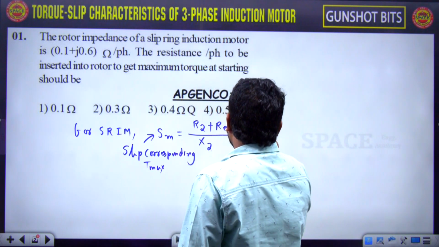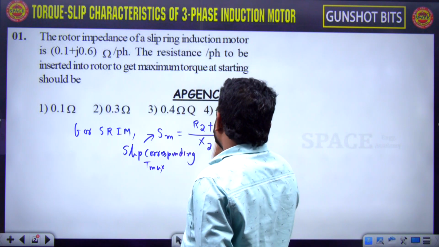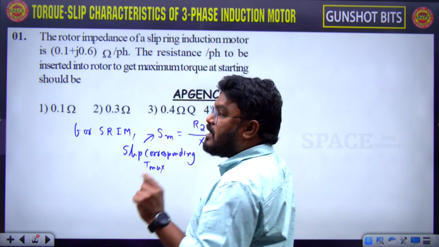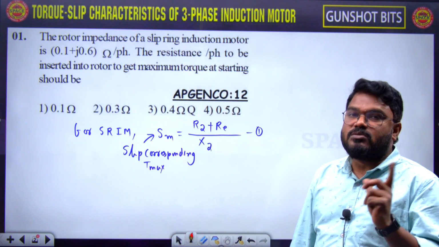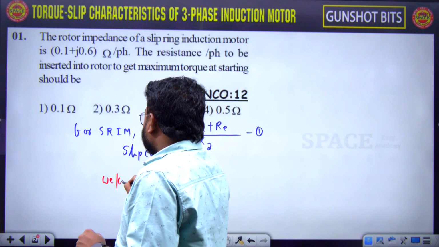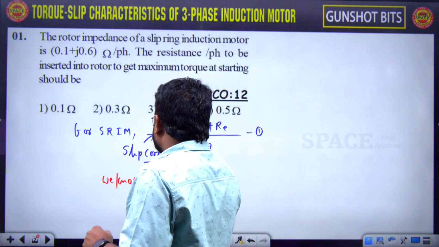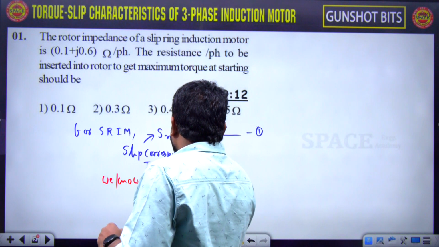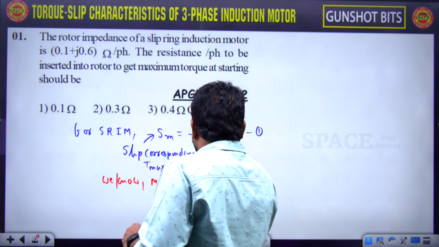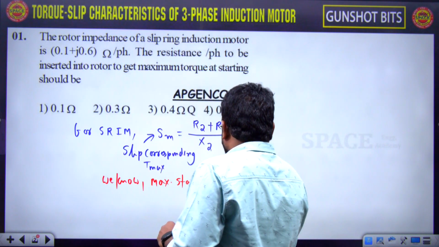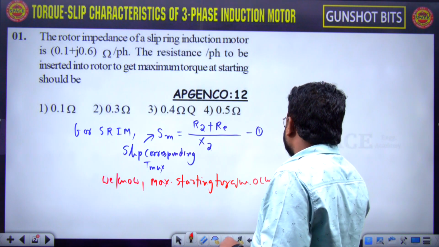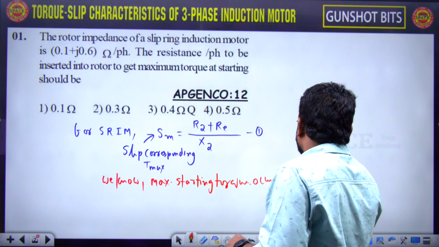Assume this is equation 1. Maximum starting torque occurs when S maximum is equal to 1.